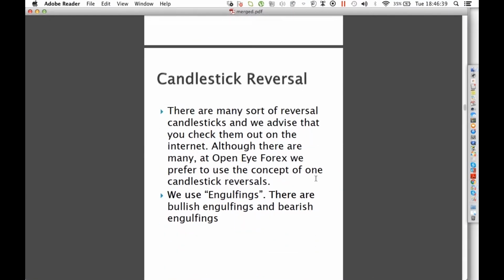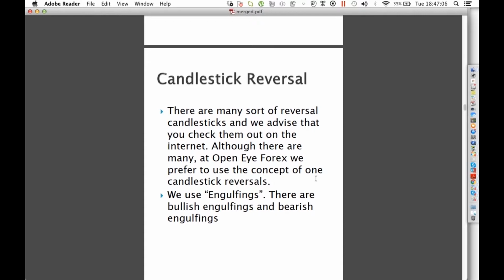All right. Candlestick reversals. By candlestick reversals, we mean when the market is going to go into a different direction. Maybe they've been going up and now they want to go down, or maybe they've been going down, now they want to go up. There are many sort of reversal candlesticks, and we advise that you check them out on the internet on sites such as babypips.com.